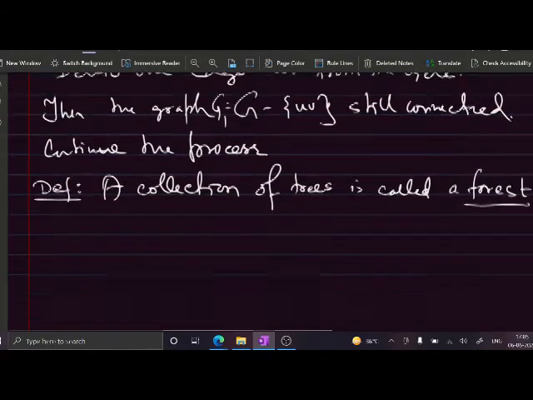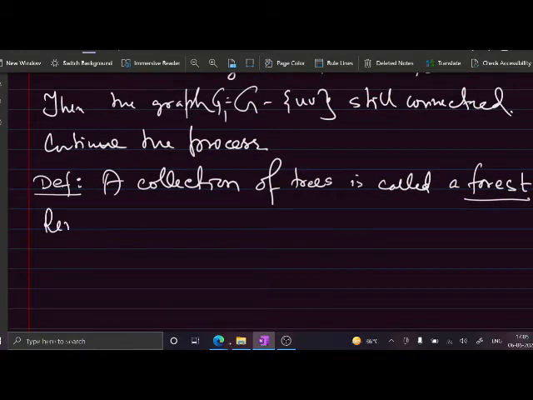Okay, and it should be remarked that a spanning tree is always connected.